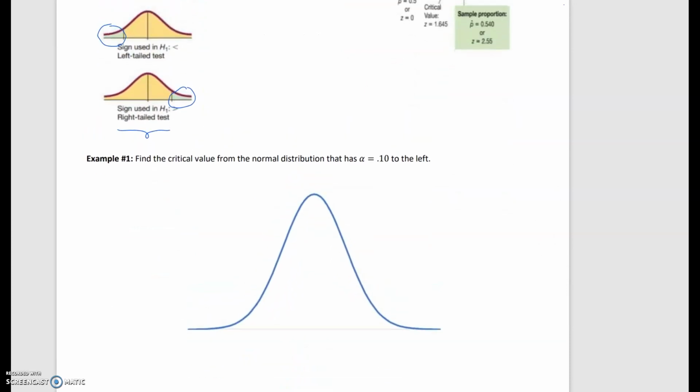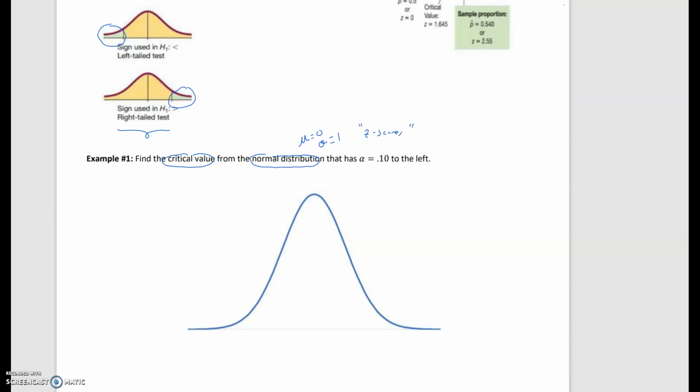Now, in this particular example, they're basically telling us that the critical value happens to be from the normal distribution, and they haven't stated any other value in terms of mu or sigma. So we have to assume that mu is equal to 0 and sigma is equal to 1, so they represent z-scores.